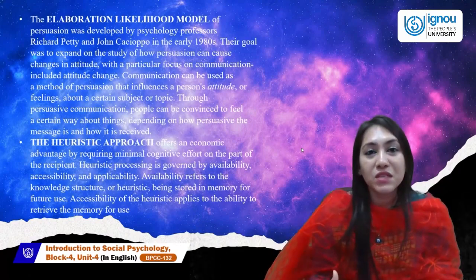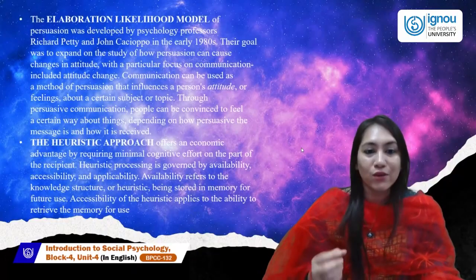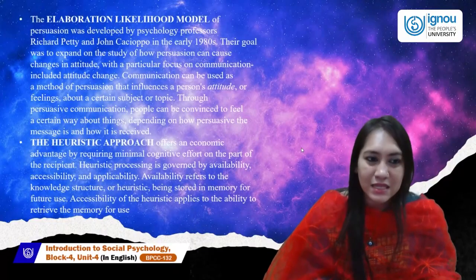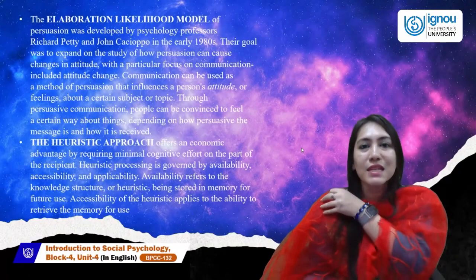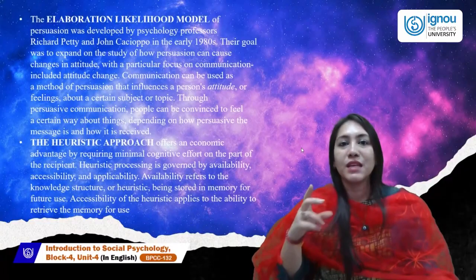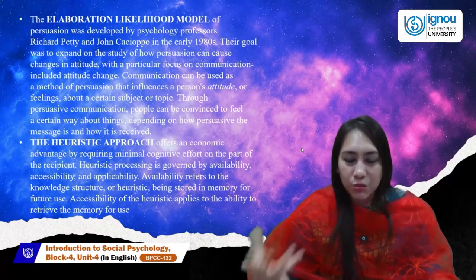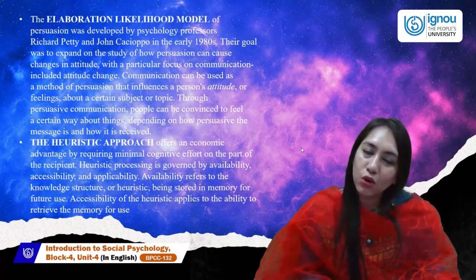It influences the person's attitude or feelings about a certain object or topic, and the person is thoroughly convinced that this is the most appropriate thing to be done. So elaboration is elaborating and analyzing each and every concept, the communication, the attitude change. That's why it is stronger and more long lasting.